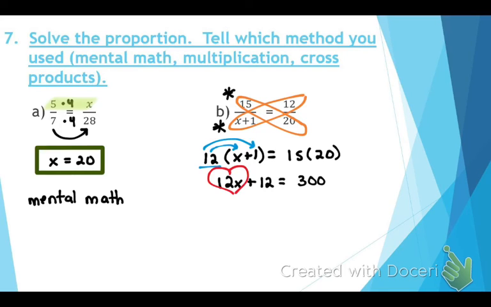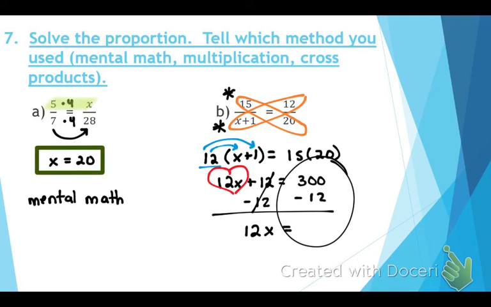Very good. Now, this goes back to what we learned in our last chapter. We don't want to get rid of the 12x yet. Instead, we're going to get rid of that plus 12. What's the opposite of plus 12? Minus 12. So I'm going to subtract 12 on both sides. This cancels out, and I'm left with 12x equals, what's 300 minus 12? 288. Hey, Lynn, how do I get that x by itself? You divide the 12 on both sides.